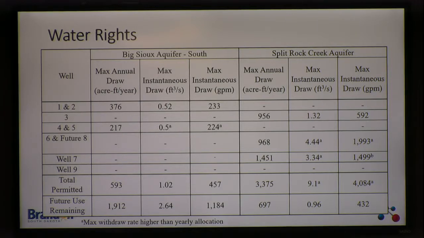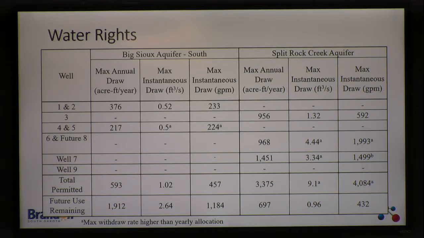For example, this point of diversion, which is well 7, has on the water right about a 1,500 gallon per minute maximum instantaneous draw. And the city feels that 1,200 gallons per minute is what that well can produce. So there's, I would call it, leftover water in that water right.